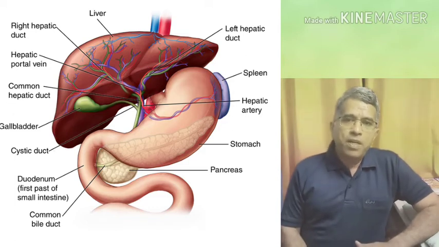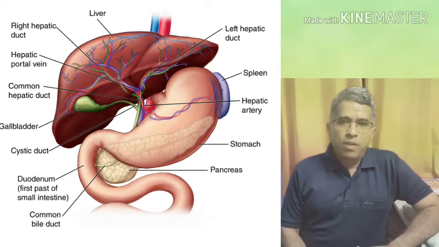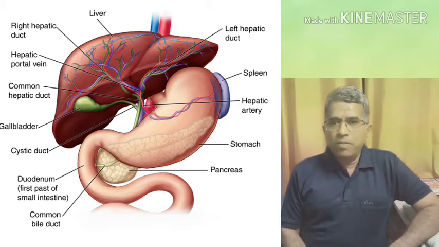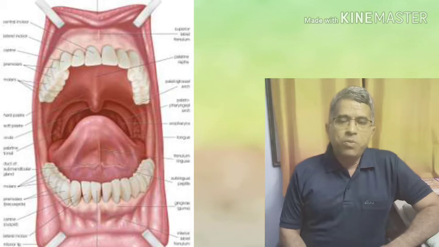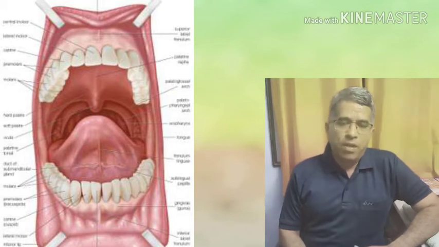The first part of the digestive system is called mouth. Mouth is a slit that is present in the face, on the lower side of the face. And in case of sharks, mouth is ventral. And in case of other mammals, mouth is a semilunar slit that is located at the tip of the snout.